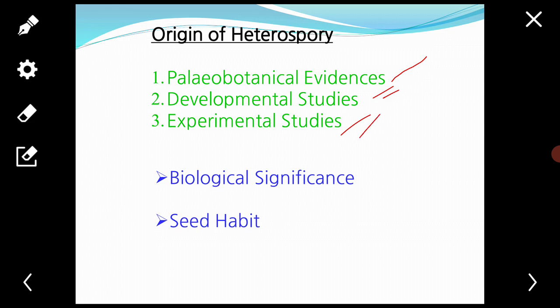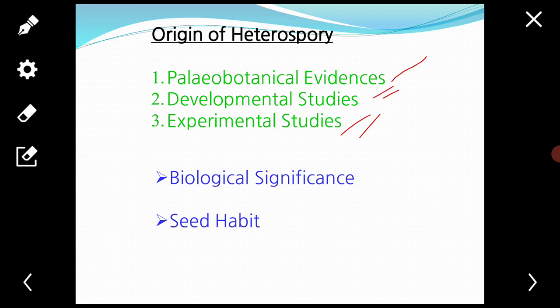Next study, that is the experimental. Experimental studies on Selaginella by Goebel in 1905, and Marsilea by Shattuck in 1910, suggest that nutritional factors mainly govern the heterospory, that is, the nutritional factors control heterospory. Under conditions of low light intensity, the photosynthetic activity of Selaginella was retarded and it produced microsporangia.